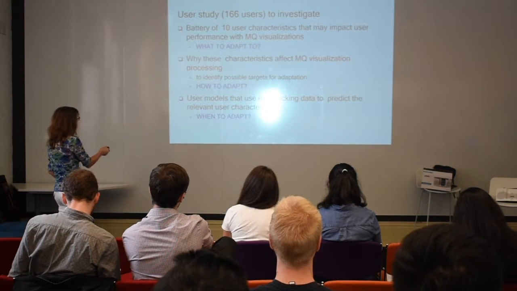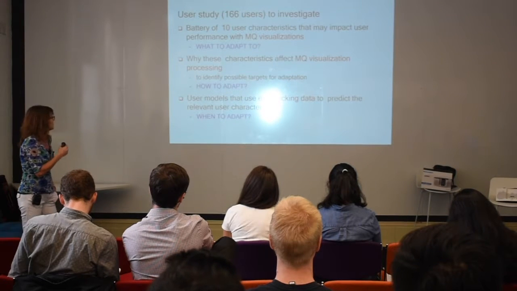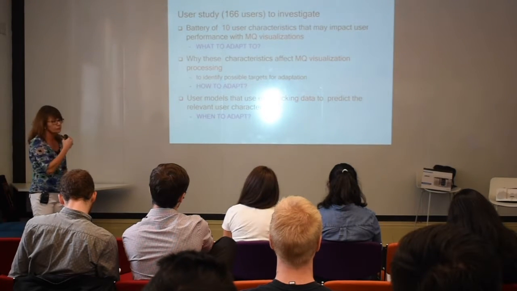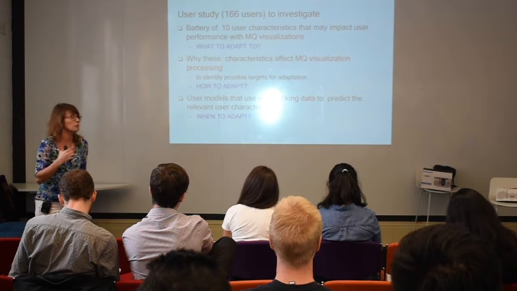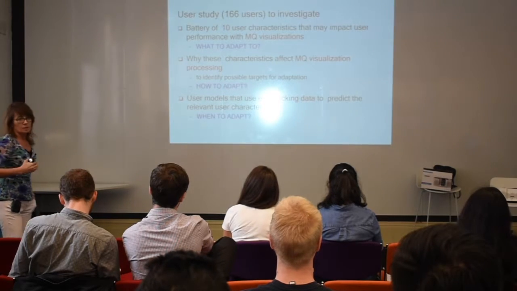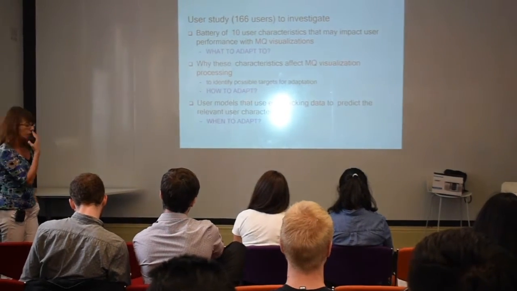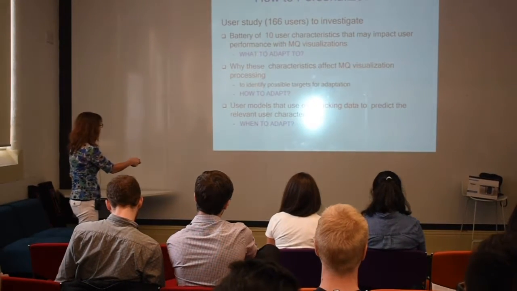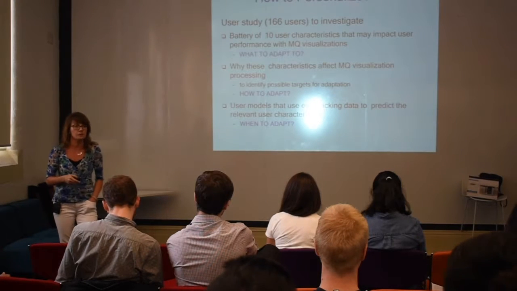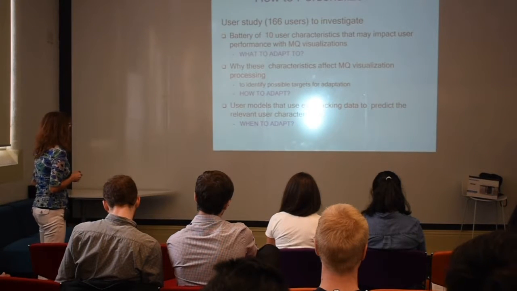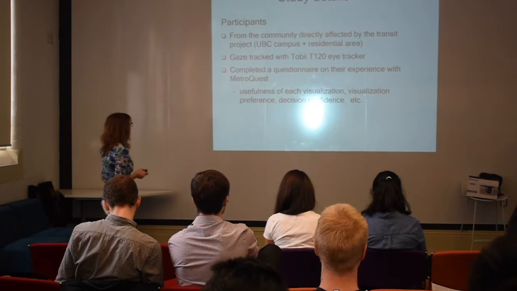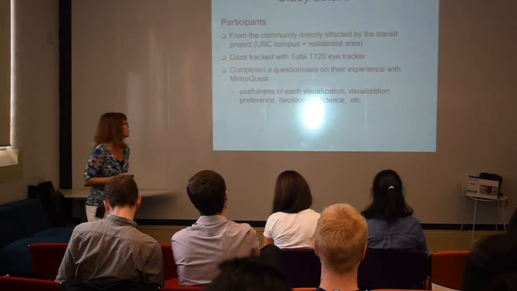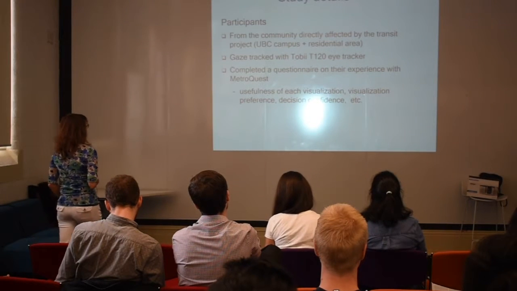We had a battery of 10 different user characteristics, and we tried to identify which ones impact performance with the MetroQuest visualizations, how that happens, and whether we can model them in real time, okay? I'll skip the list of all of them. I can discuss them later if you're interested. I'll just give you the results.